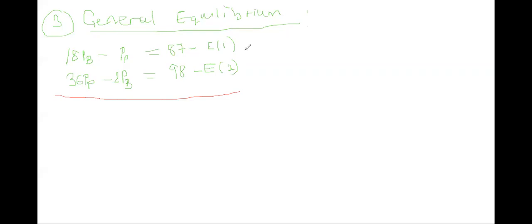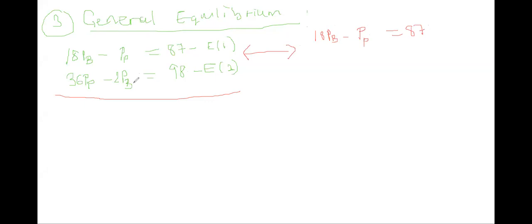So we can equivalently state it like this. We have 18 times the price of beef minus the price of pork equals 87. It's the same way. Here, I want to make sure that the variables or the like terms are arranged accordingly.